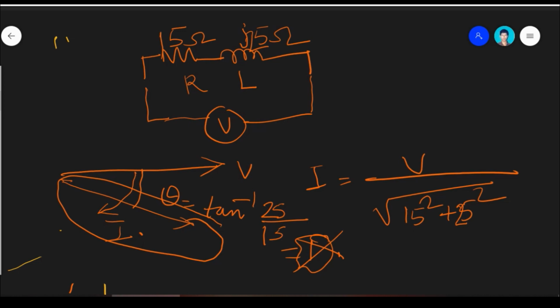So in a nutshell, your whole phasor will become meaningless if you have drawn it for a time varying system, right?